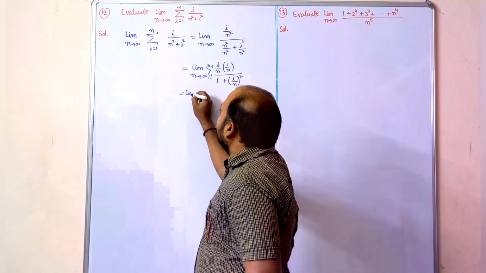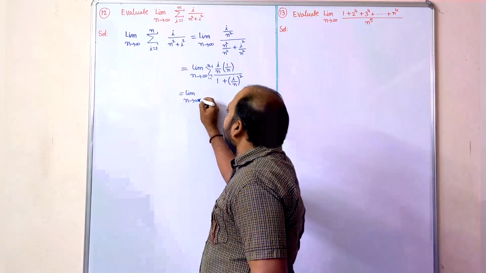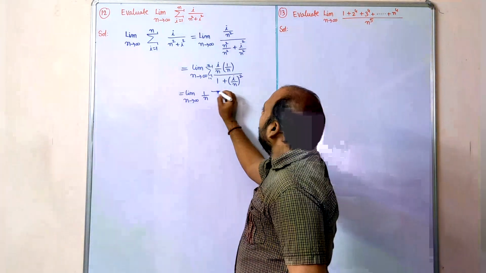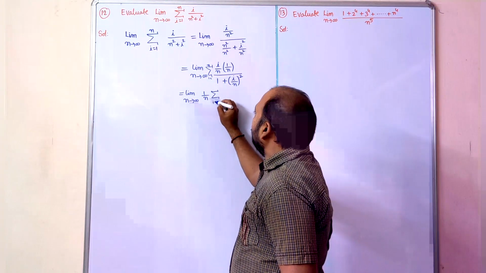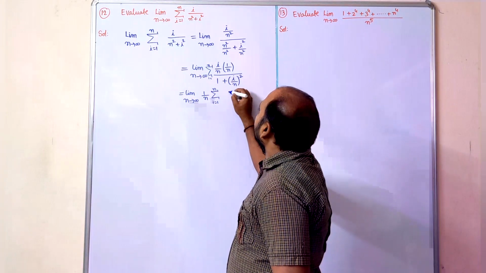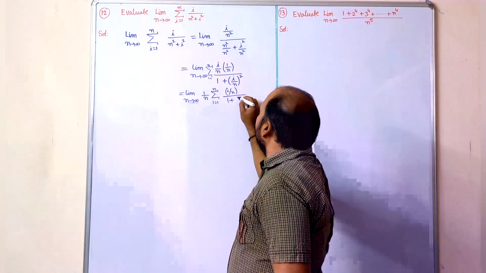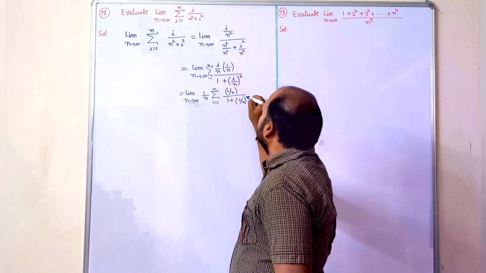So limit n tends to infinity, this 1 by n I am taking outside of the sigma, and sigma i is equal to 1 to n, i by n by 1 plus i by n whole square.